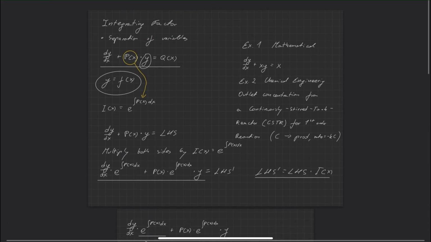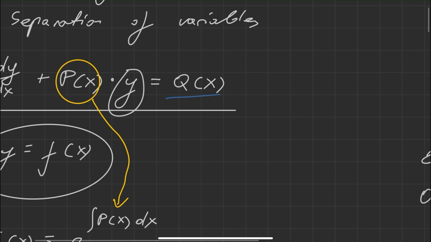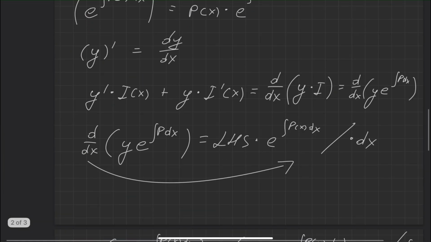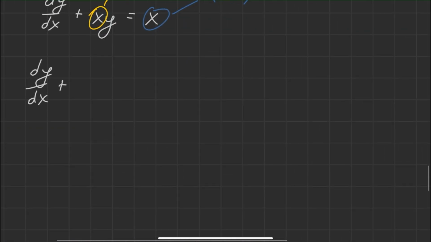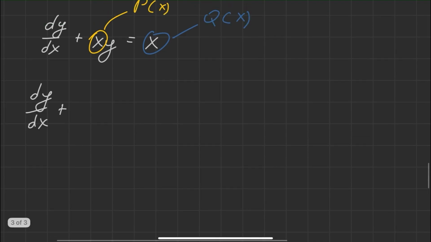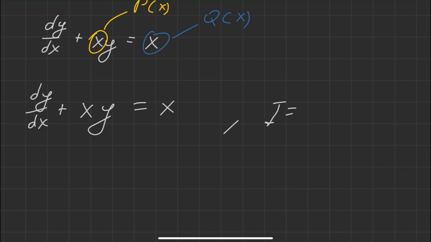Recall, here we define the q of x as the right-hand side. So, coming back to the equation, we have our form. Let me rewrite it so that it is clean. And we can right now define the integrating factor, which is simply e to the power of integral x dx. Because notice that this is our p right now.